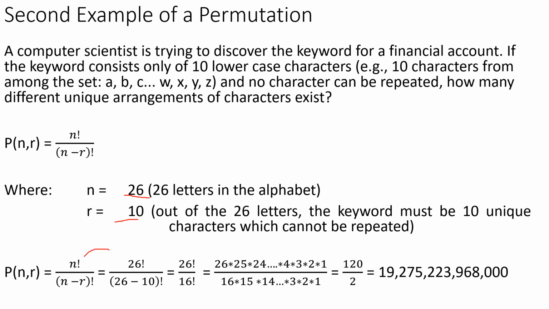So my numerator is 26 factorial. My n minus r is 26 minus 10, which is 16 factorial.